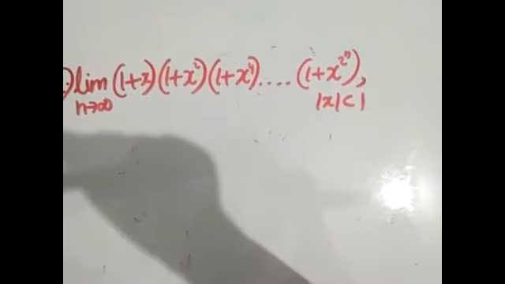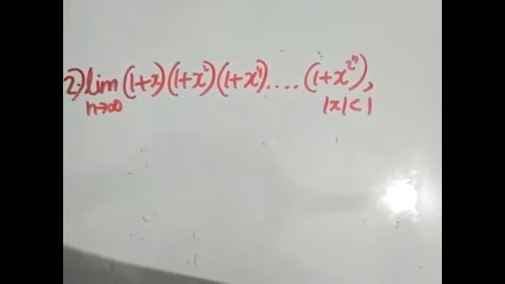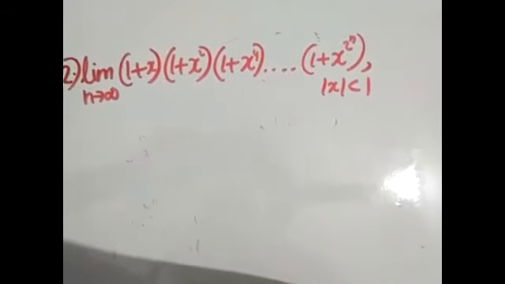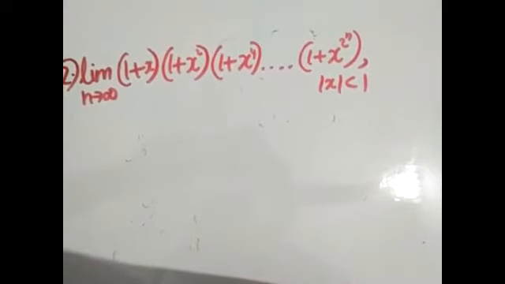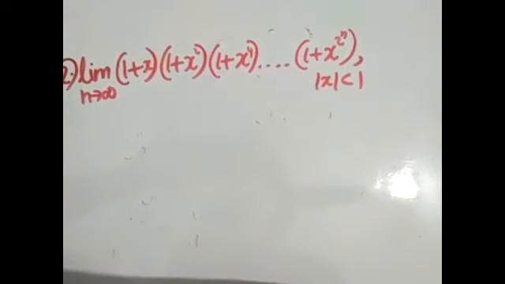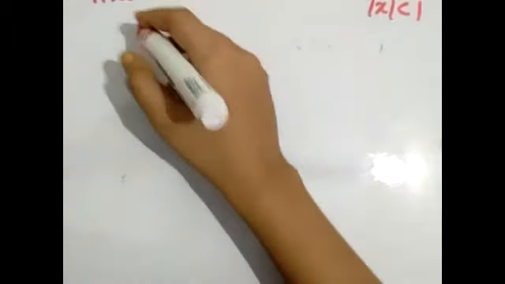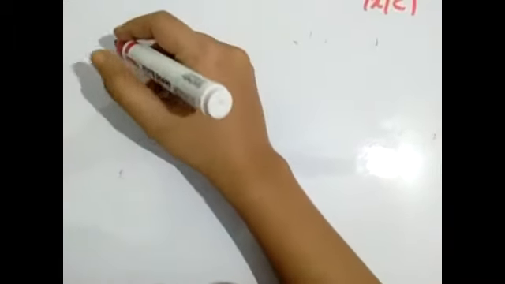So here we come up to the next question. Limit n tends to infinity of 1 plus x multiplied by 1 plus x square multiplied by 1 plus x raised to 4 up to 1 plus x raised to 2n, with mod x less than 1. So this question is very easy.